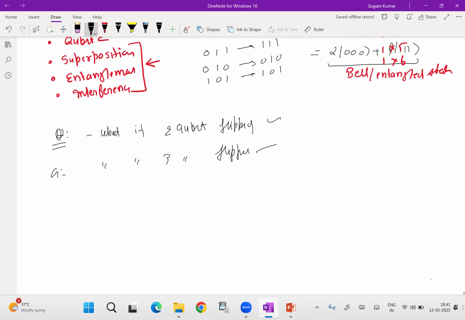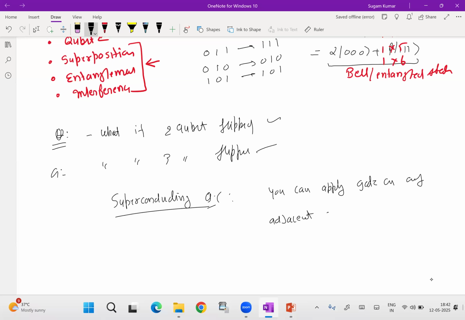And you know, the biggest problem in the superconducting qubit or superconducting quantum computing system is that you can entangle, you can apply gates on only adjacent qubits.